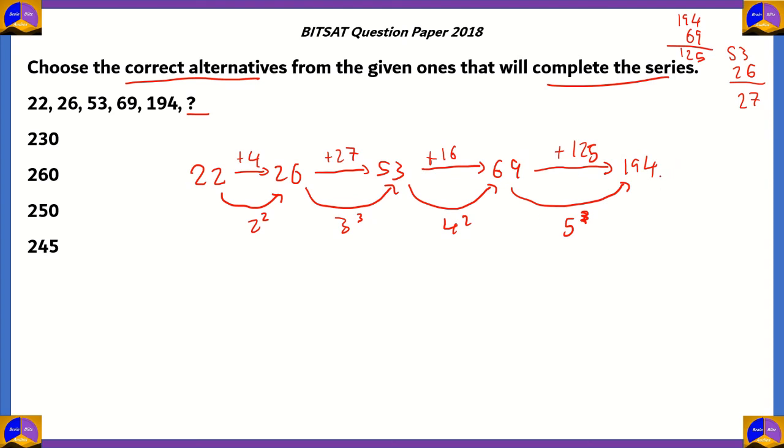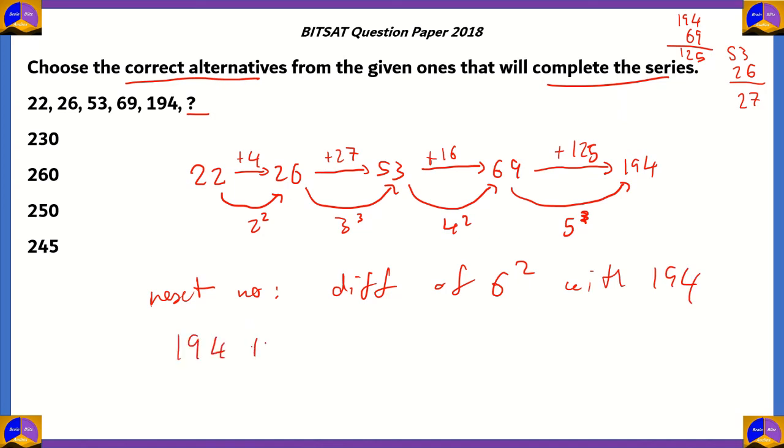Since the last number, 194, had a difference of 5 cubed with the previous number, the next number will have a difference of 6 squared with 194.